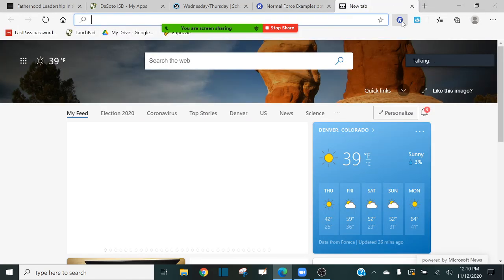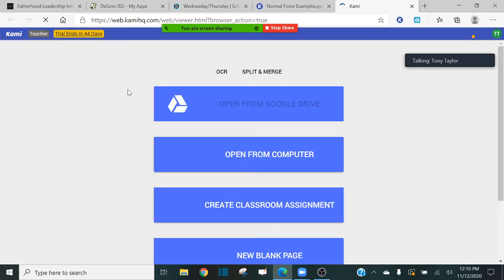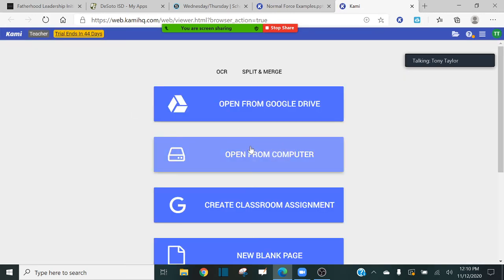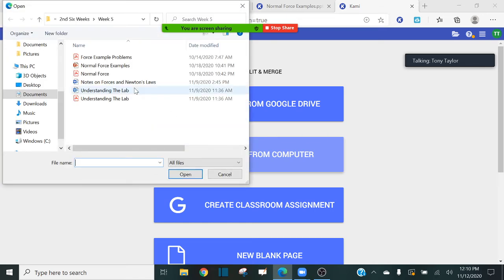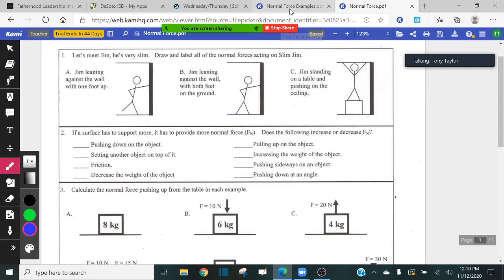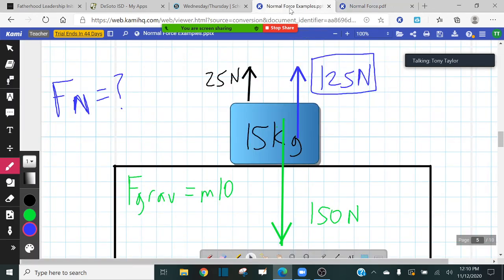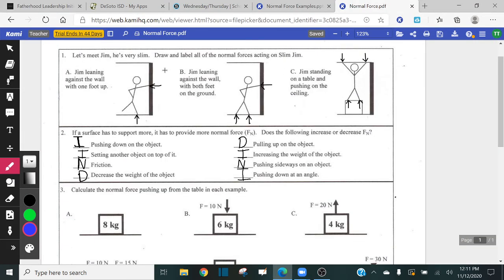Okay, so I'm going to pull up a worksheet, a PDF file, and I'm just going to go over a few of these concepts before I let you go, just so everybody is clear when you're working on this assignment later on. Hold on, guys. Let me clear these annotations.